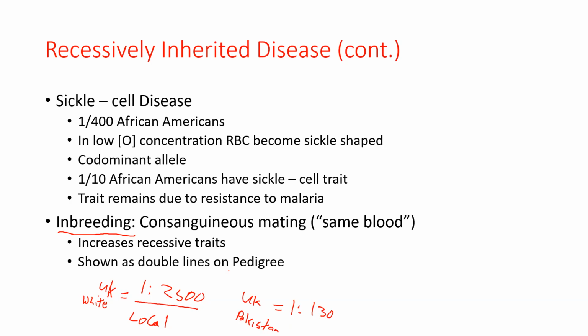So we have a Pakistani population living in the UK that has like a 1 in 130 chance of having a child with a birth defect. And the normal, I say normal white population because realistically they are from there, so we have to consider them the normal or local population, has a 1 in 2,500 chance, right?